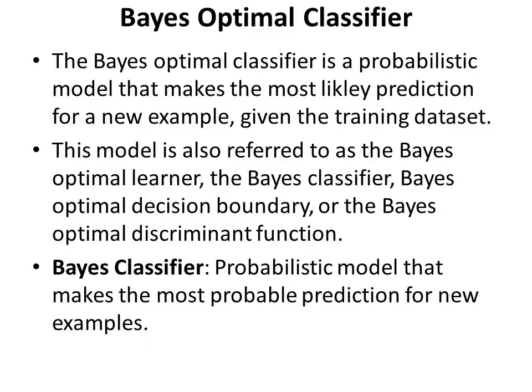This model is also referred to as Bayes optimal learner or Bayes classifier or Bayes optimal decision boundary or the Bayes optimal discriminant function. So there are four names for this particular classifier. So Bayes classifier, the probabilistic model that makes the most probable prediction for the new example.